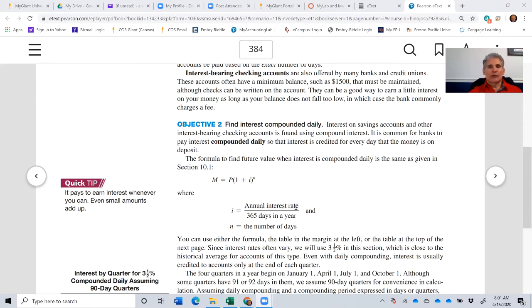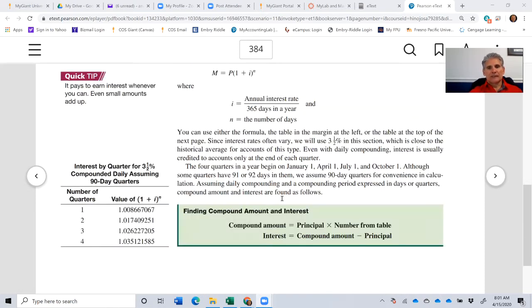The annual interest rate, whatever is publicized by the institution, divided by 365 days in a year, that will be your i. So this is going to be a lot smaller than what we normally have seen. And n is still the number of days.